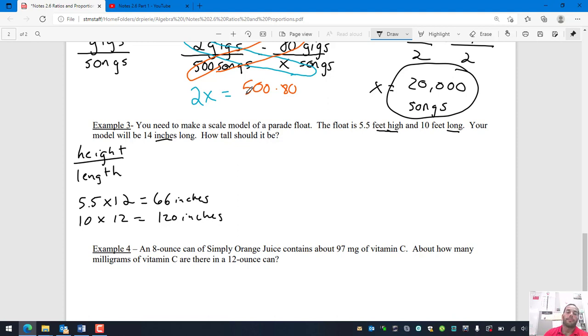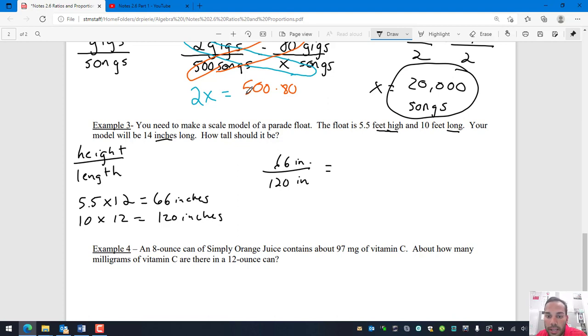Okay. Now, let's set up our proportion. My first ratio is going to be the actual float. It's 66 inches high and 120 inches long. And because the replica is going to be proportional, I know that it's going to be 14 inches long.